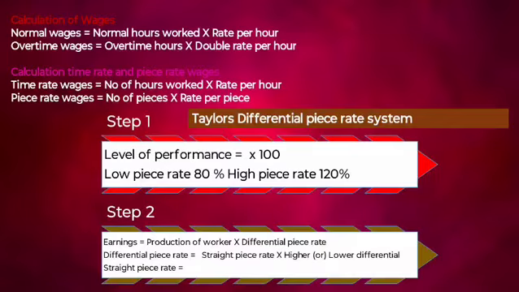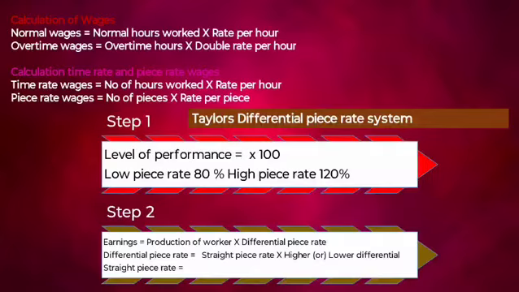Then how to calculate the time rate and piece rate wages? Time rate wages is number of hours worked into rate per hour. Piece rate wages is number of pieces into rate per piece. So step 1 and step 2 they have given.